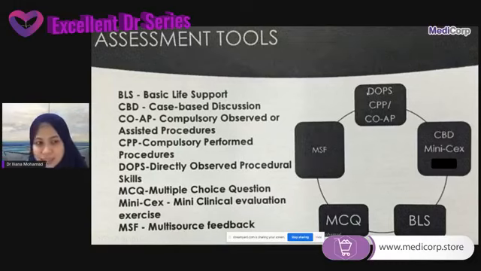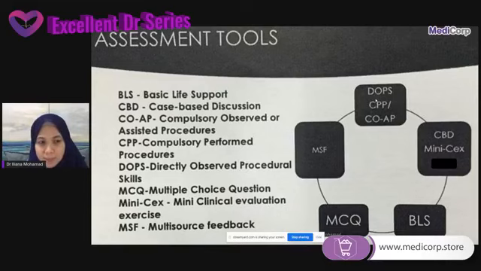These are procedures you need to master within your tagging period. DOPS are usually part of your off-tag assessment. Next is CPP, compulsory perform procedure, meaning procedures you need to perform within your 4 months posting.